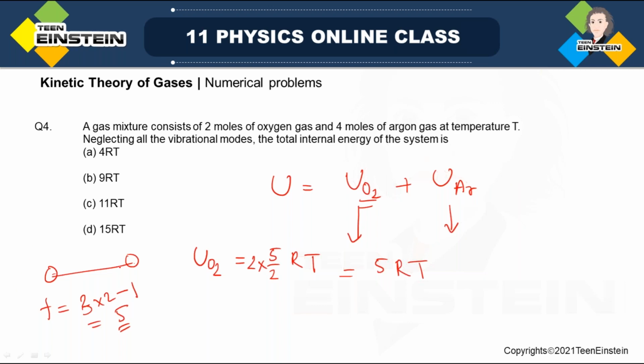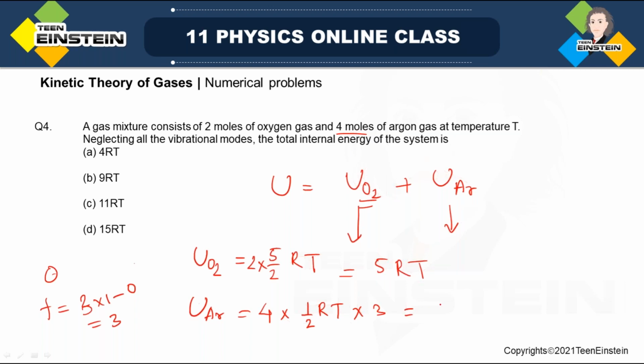Here also you have to find out for a monoatomic gas what the degrees of freedom are. Degrees of freedom will be, n is equal to 1, so 3 minus 0, you get 3 degrees of freedom. Now for argon, how many moles are there? 4 moles. 4 moles, half into RT into the number of degrees of freedom 3.